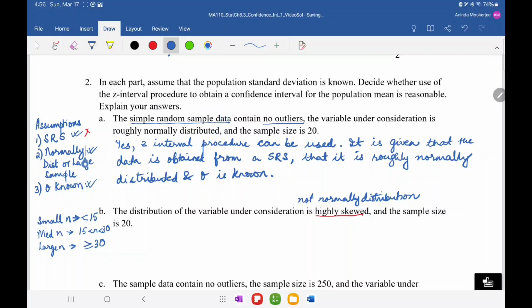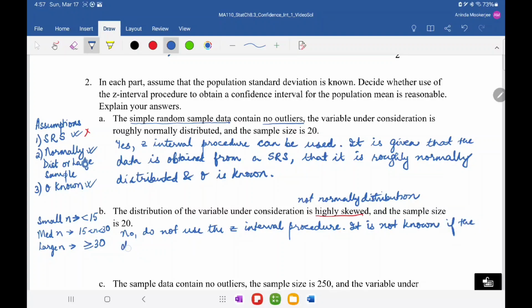So your answer should be phrased like this: No, do not use the Z interval procedure, as it is not known whether the data is from a simple random sample, the variable is not normally distributed.